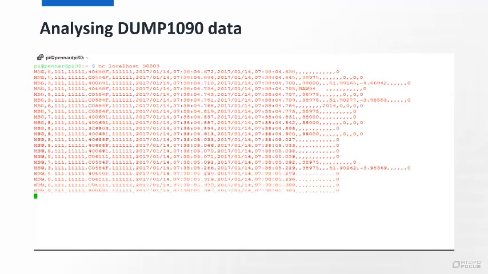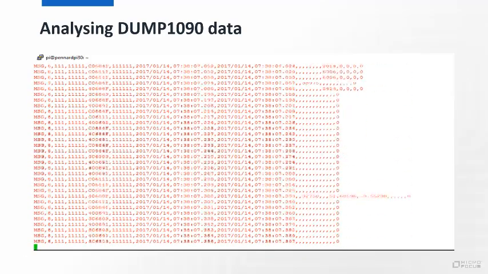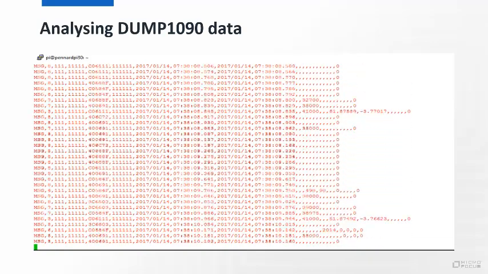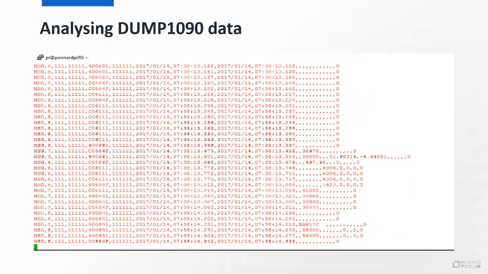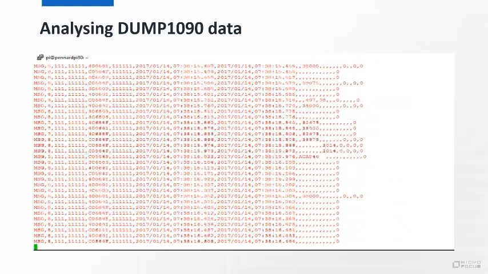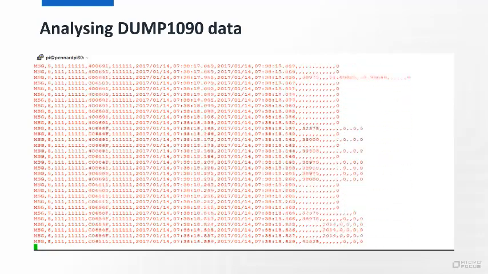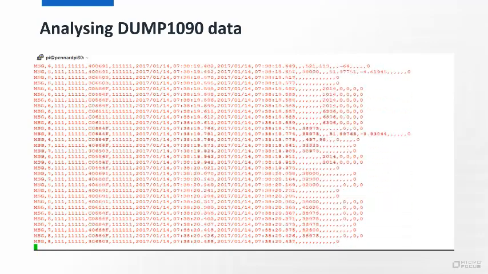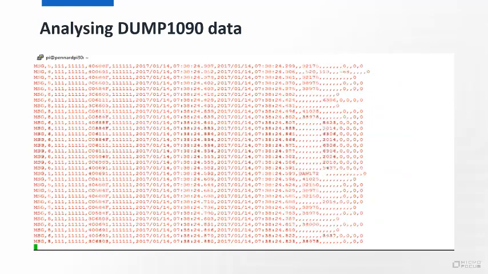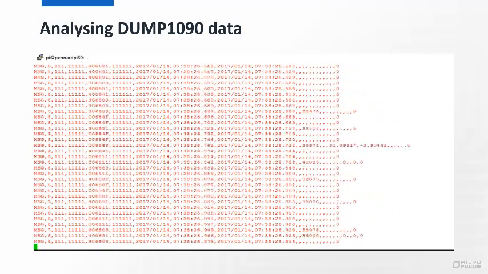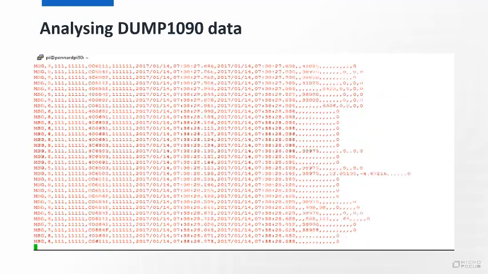One of the other outputs of Dump 1090 is the streaming of messages on TCP port 30003. Using Netcat, or as I am here, NC, from port 30003 of the localhost, we can see the continuous stream of messages being presented. Each message is identified by a message type, here seen as message 1 through to message 8.